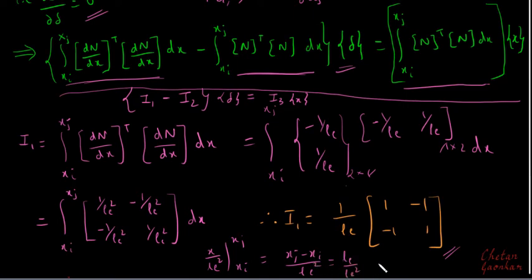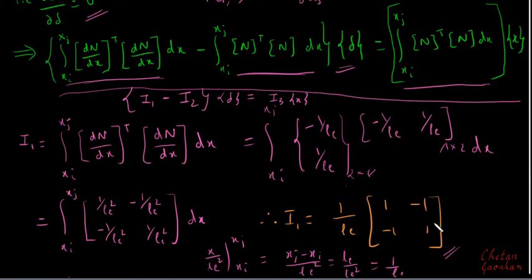And this I have le square, so I get 1 by le. And then similarly here I will get minus 1 by le, here I will get minus 1 by le, here I will get 1 by le. And then if I take that 1 by le common out, I will get this as my integral I1.